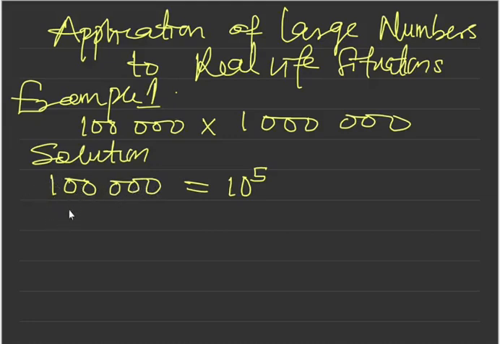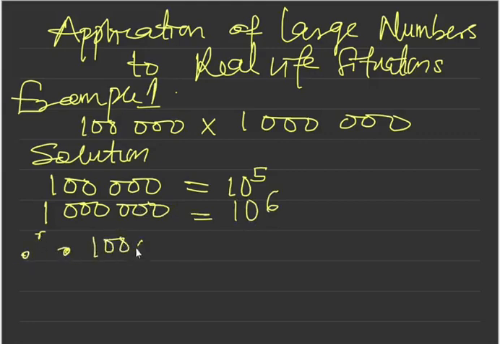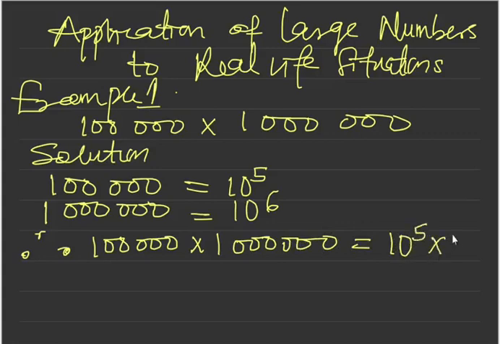1 million, as I've said earlier, we have 6 zeros. So therefore, in writing it out, 100 of thousands to multiply 1 million will be 10 raised to the power 5 times 10 raised to the power 6.